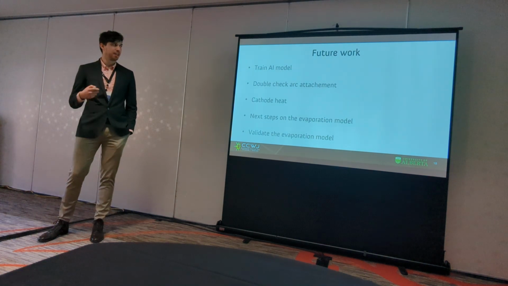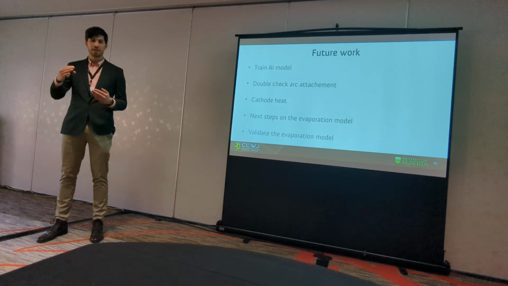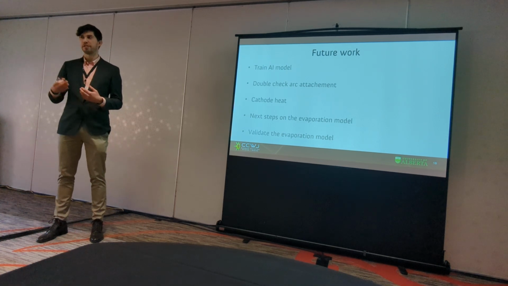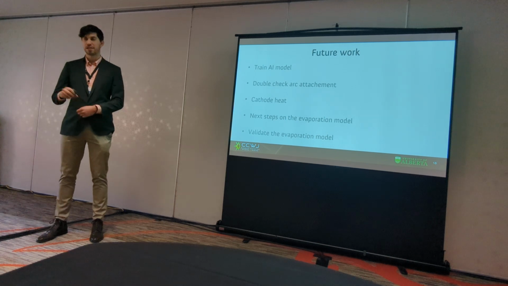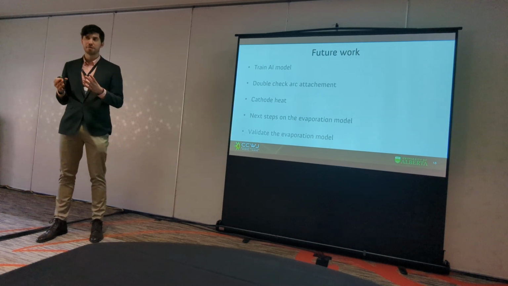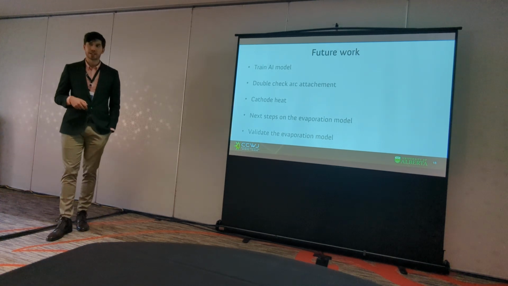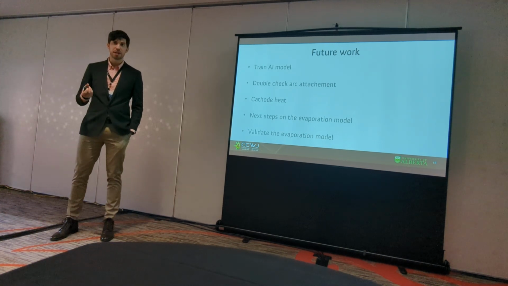I have to double check the arc attachment because it varies. The arc, how it attaches to the droplet, if we change the filter for the camera, for example, it's going to change. If we change the current, it's going to change. So we have to double check and define somehow this arc attachment. Then we can also say something about the cathode heat with the different experiments. We should be able to say something.